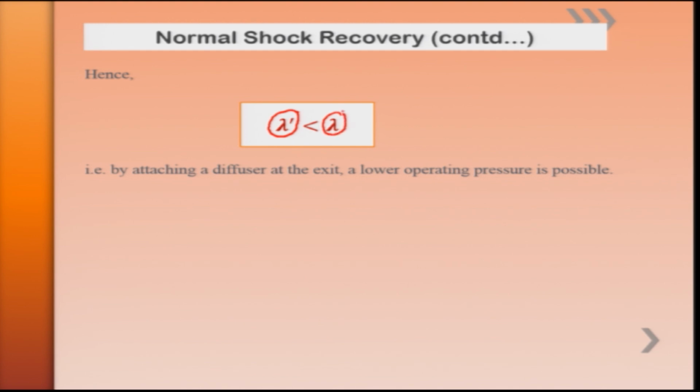That means the operating pressure ratio requirement decreases. From a fuel efficiency point of view, you have optimized the pressure ratio, and a lower operating pressure ratio is required to run the convergent divergent nozzle when a normal or plain diffuser is attached at the exit of the nozzle.